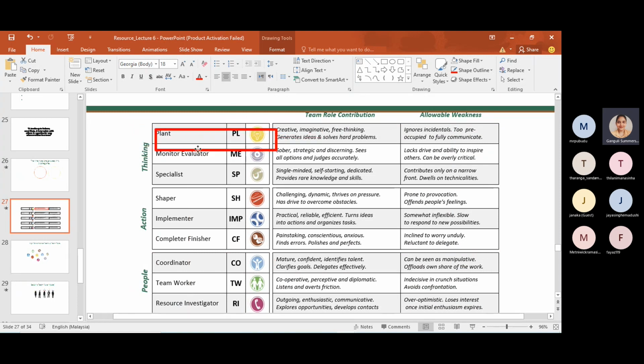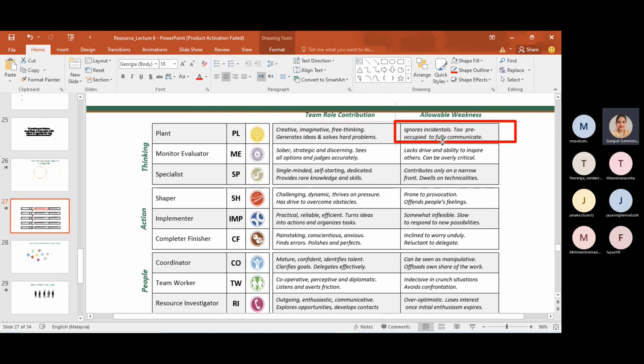So let's look at the first role, plant. Plant is someone who is creative and imaginative. A plant is someone who has very creative ideas and imaginative ideas, a free-thinking person. So what are the allowable weaknesses? What are the weaknesses that a plant is allowed to have?